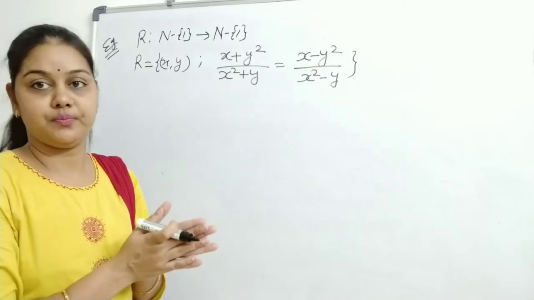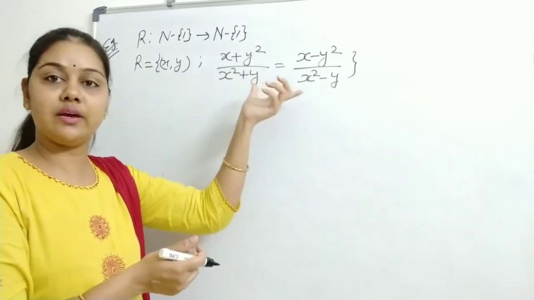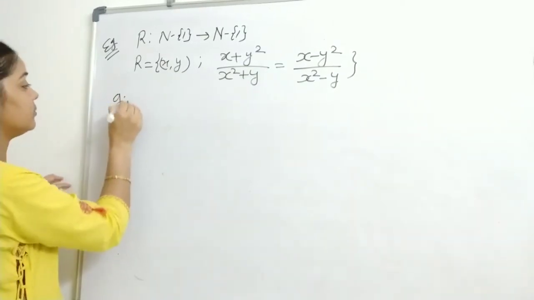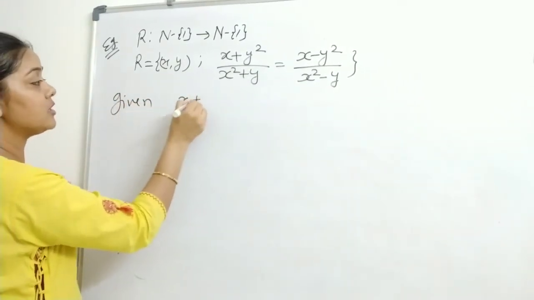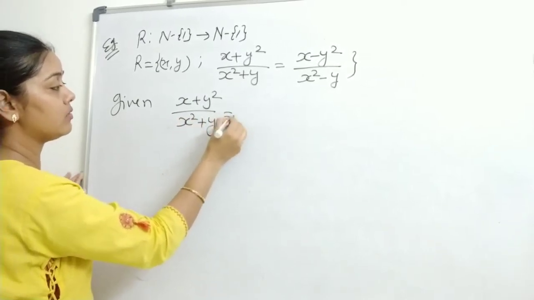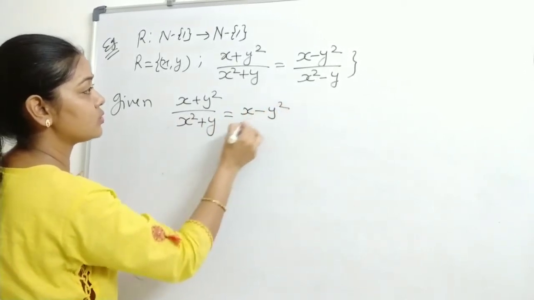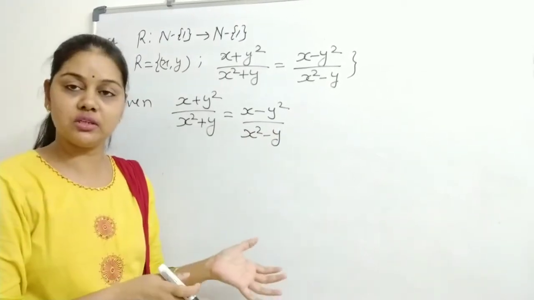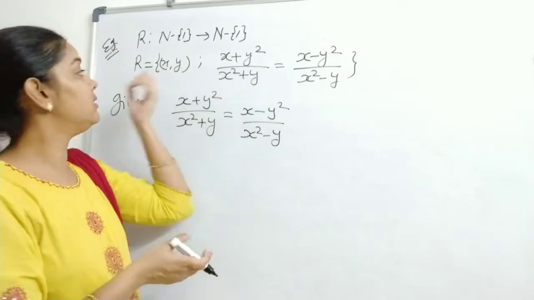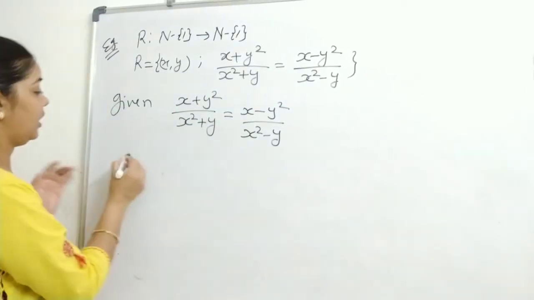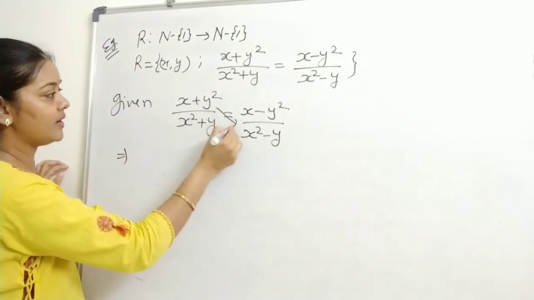First of all, we need to simplify this condition. What is given to us? (x + y²)/(x² + y) = (x − y²)/(x² − y). I will simplify this condition and I will find R in the roster form. Now simplify this.